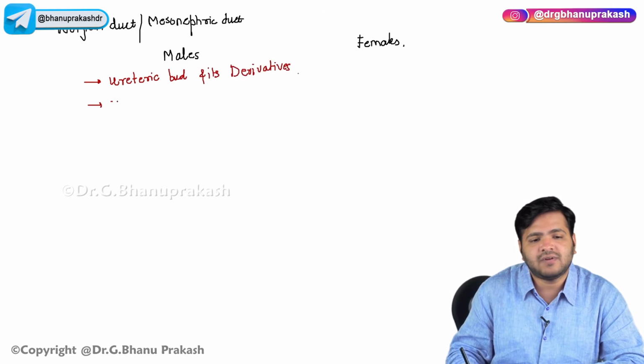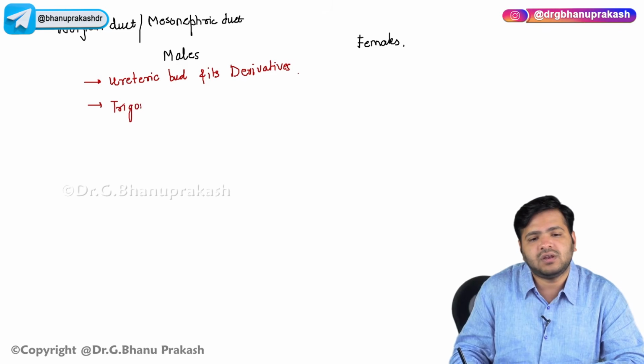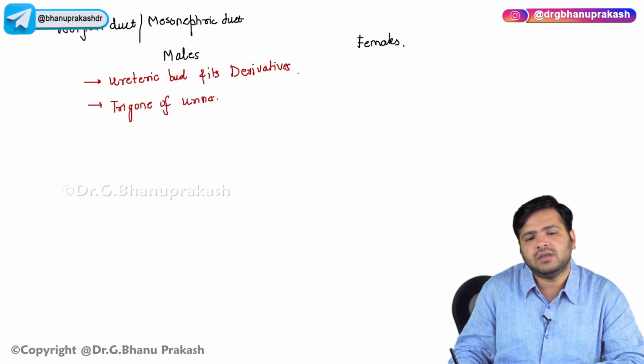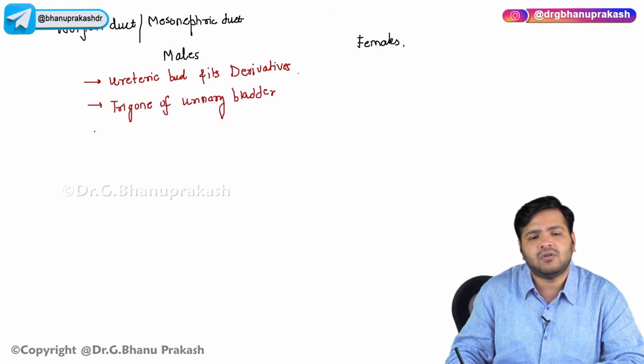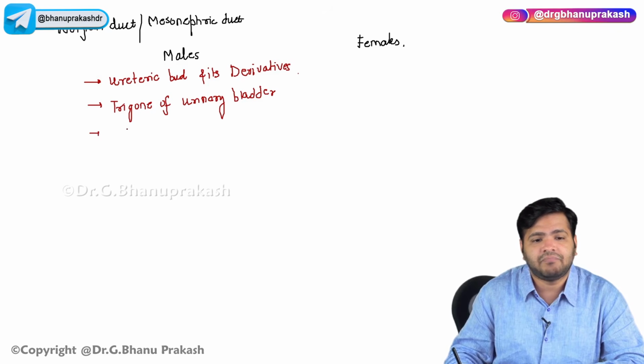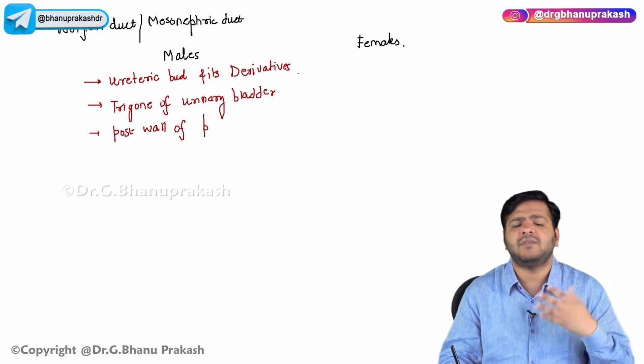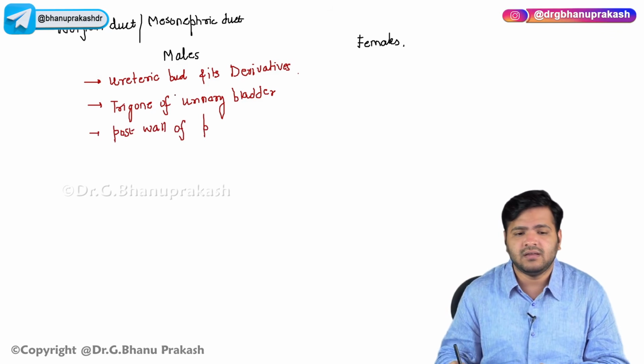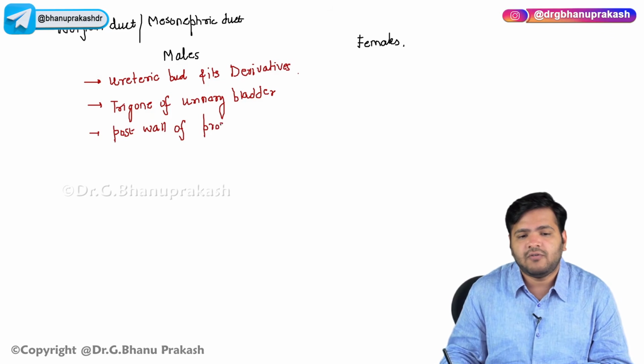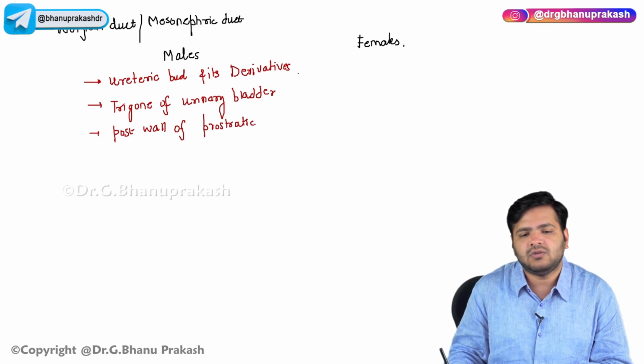It will also give rise to the trigone of the urinary bladder, and the posterior wall of the prostatic urethra. This is all coming from the mesonephric duct only, right?